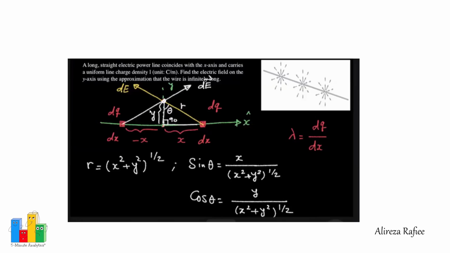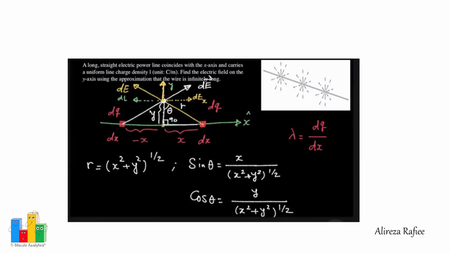Okay, so I already know these things, but I can break this vector dE based on its components. It will have two components, one in the x-axis, one in the y-axis. So we will have dE sub x, and then we will have dE sub y, which is upward. For the dE on the left side, I can also break it into two components.